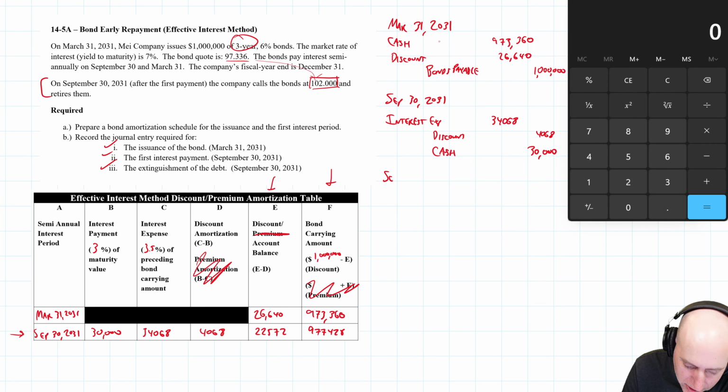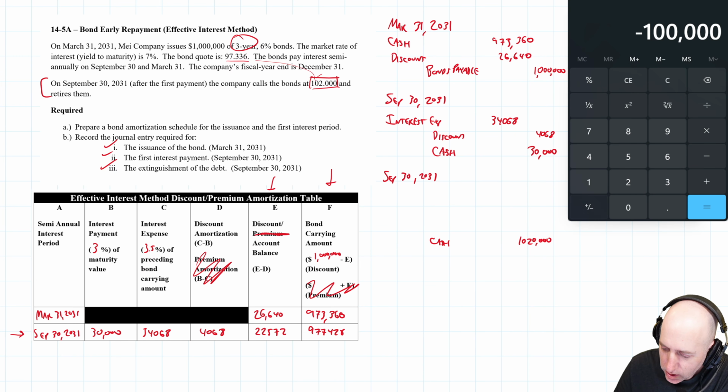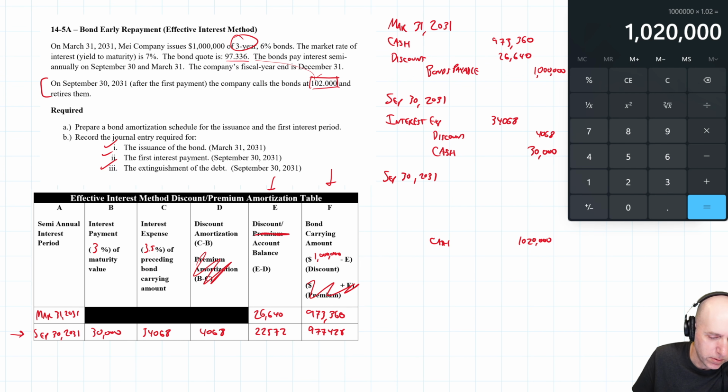So on September 30th, 2031, we credit cash for 102% of the face value, which is $1,020,000. So it's a million times 1.02, 102%. And that's what we credit cash for.